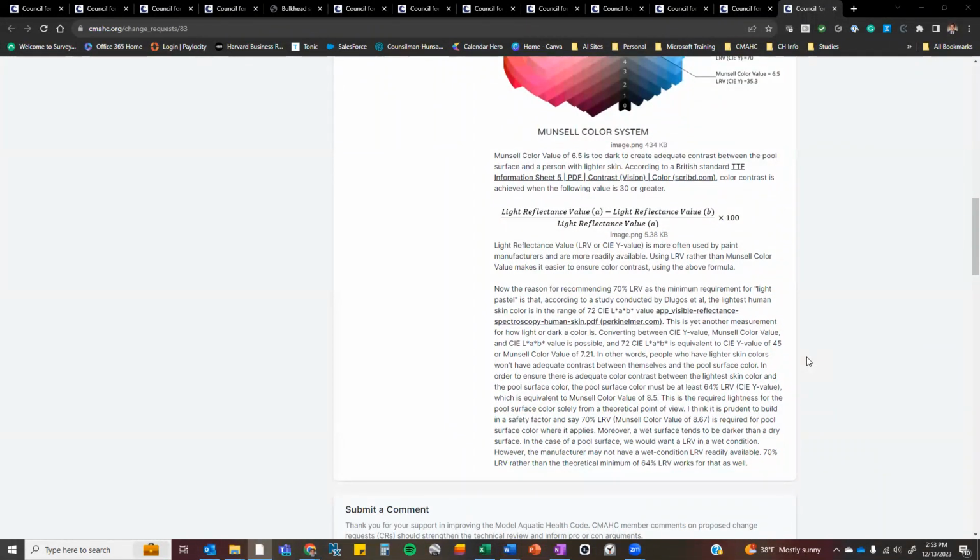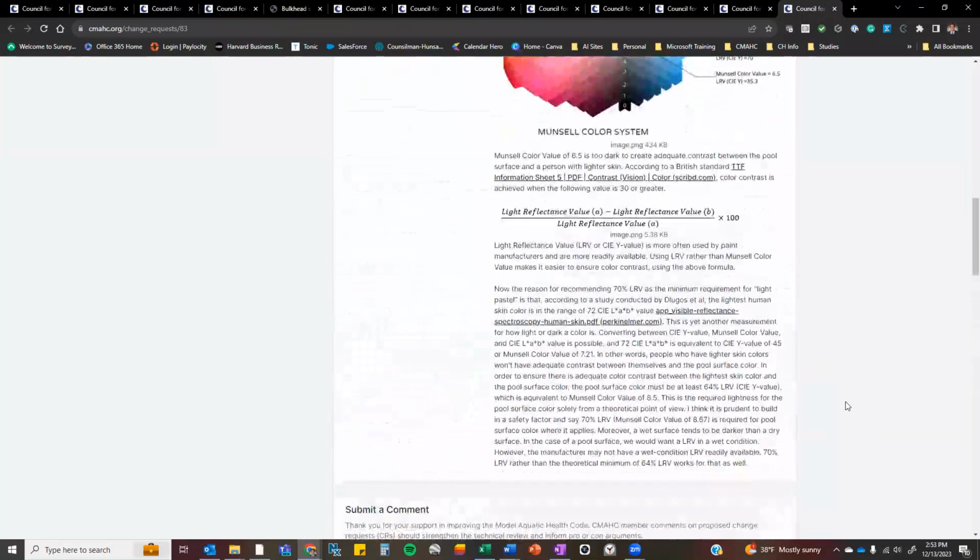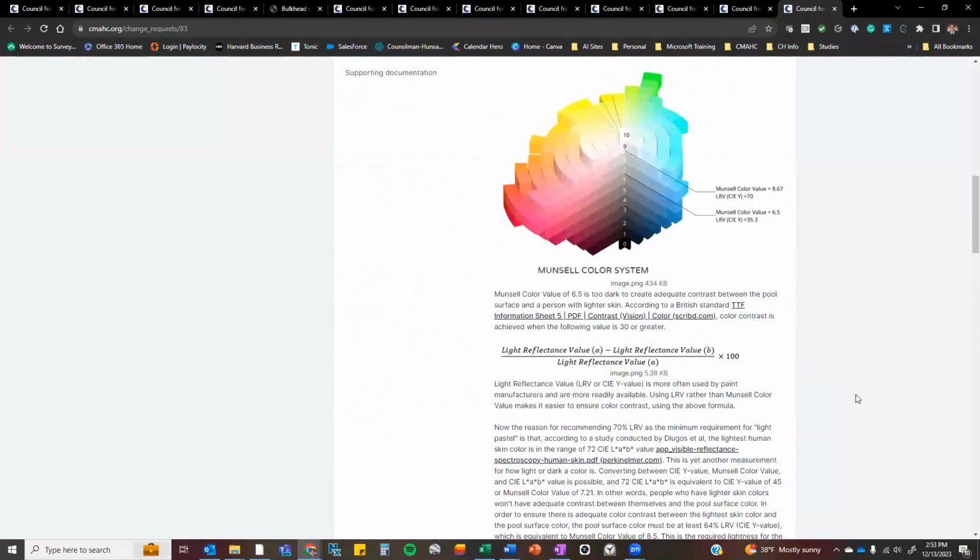The paint industry or pool industry? Plaster, and let's see what else. Because the Munsell color has been in there since the first edition. Yeah. I think this is the first time it's ever come up. So I'm curious to see if it's used industry wide. Who's using it? Why hasn't it mattered till now?